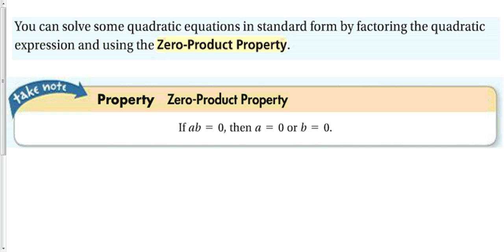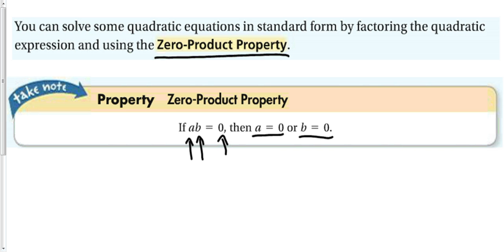Okay, so you can solve some quadratic equations in standard form by factoring the quadratic expression and then using the zero product property. What the zero product property says is that if I have 2 different variables, or 2 different things, and I multiply them together and get an answer of 0, then one of these 2 things must be 0.